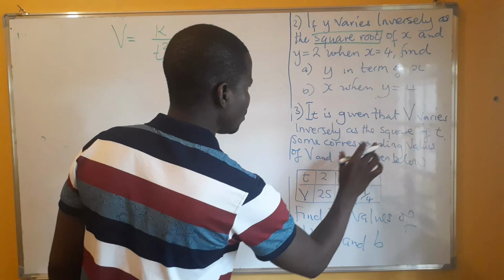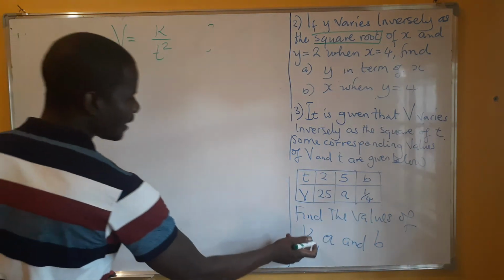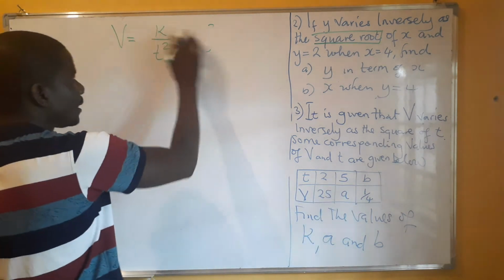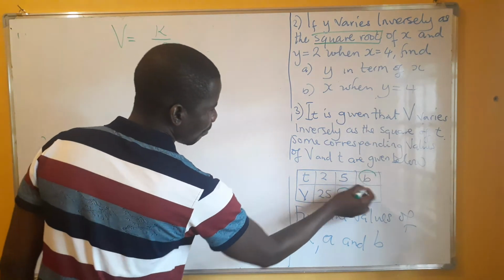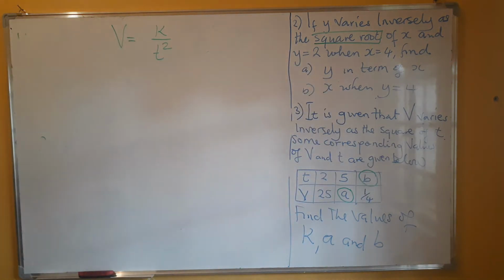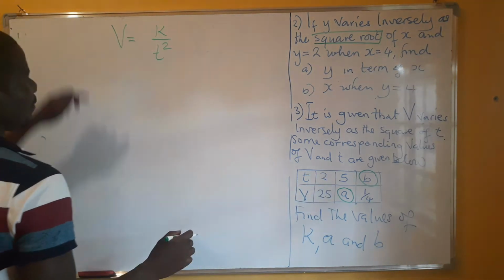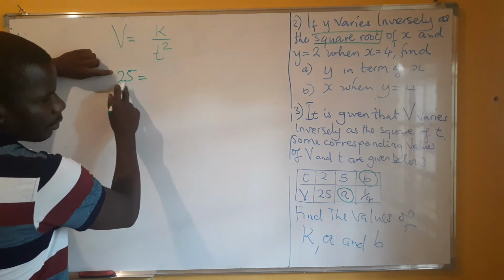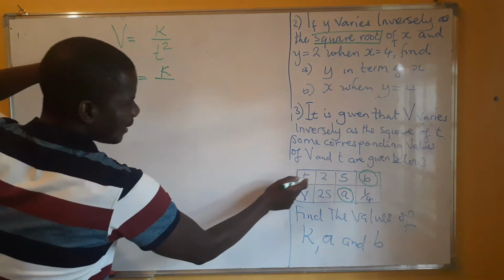And some corresponding values are given here. So now we want to find the value of k, which is not here. We know it's a constant. Then a as well as b. So now we are going to use these two. v is 25 when t is 2.